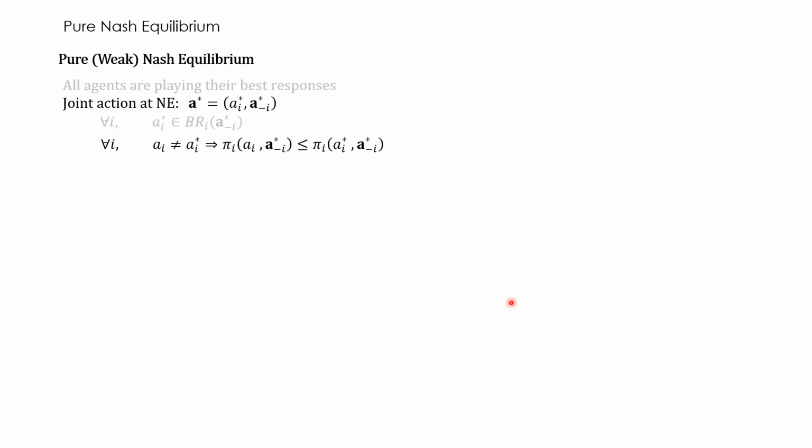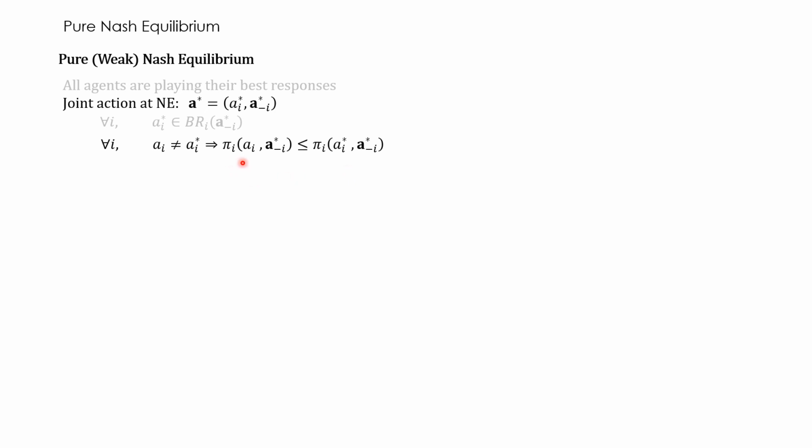Here's an alternative definition of pure NE in terms of the payoff. No agent can increase its payoff by unilaterally switching from its Nash equilibrium action, which is a star i. In other words, if agent i switches to another action, a_i, which is not the Nash equilibrium action, then its payoff will be no greater than its Nash equilibrium payoff.